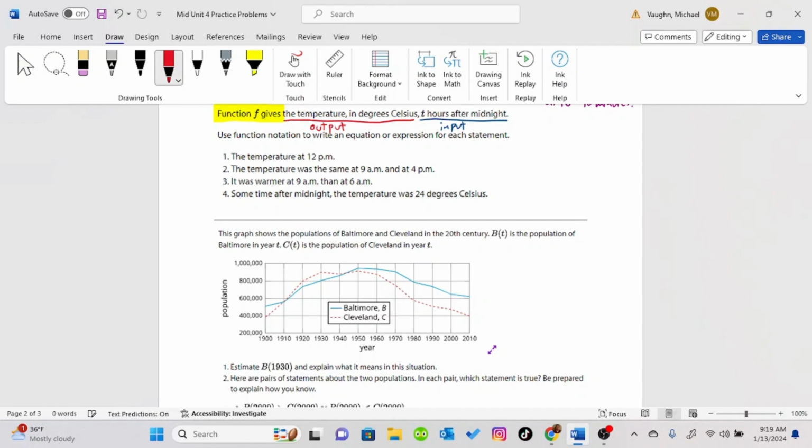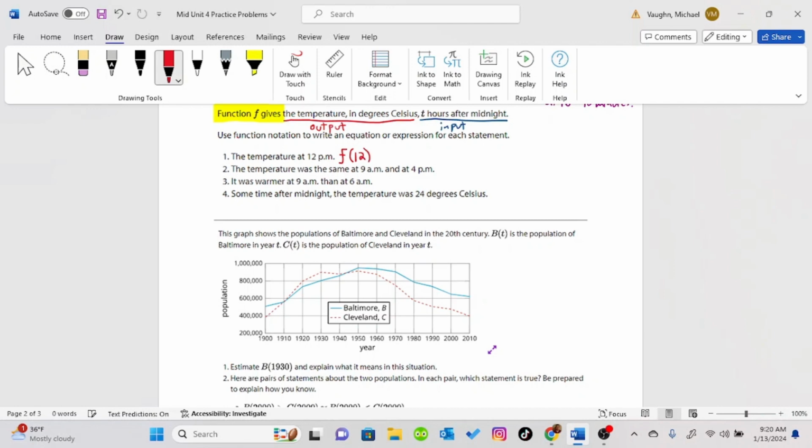So we want the temperature, which is our function's output, at 12 p.m., which would be 12 hours after midnight. So this would be the function of 12.